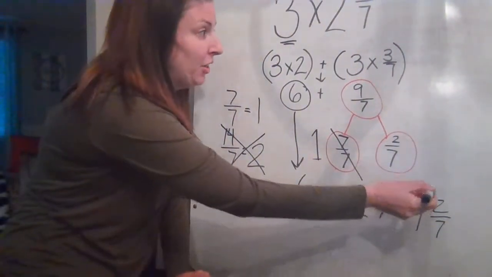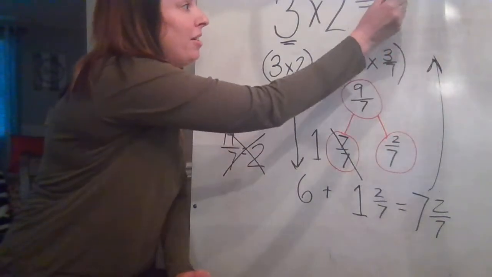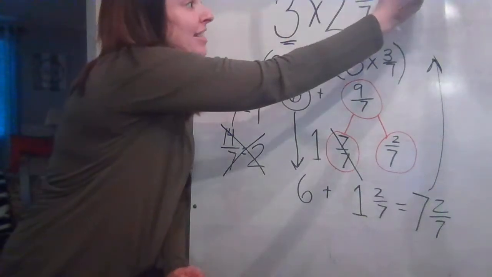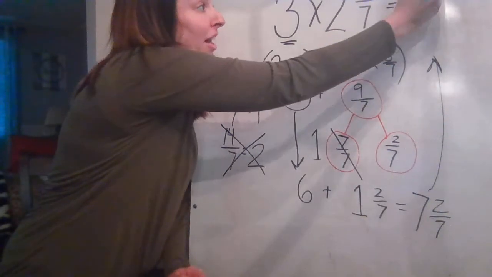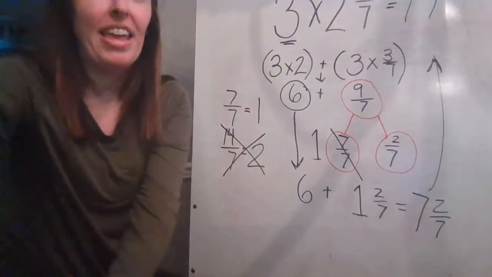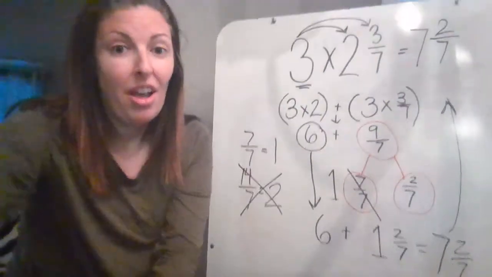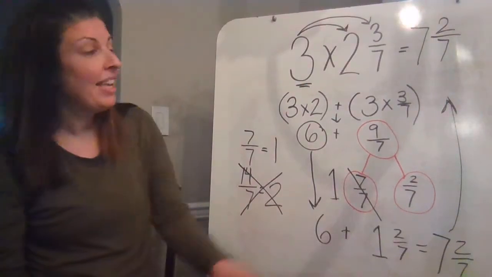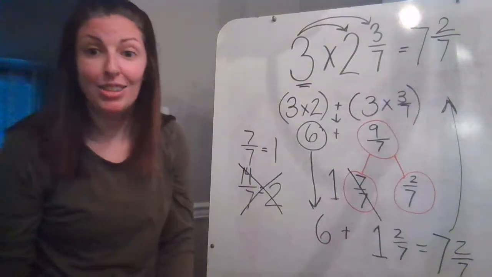So if I bring this all the way back up here to my original equation that I was working on, I see that the product or the answer of 3 times 2 3/7 is 7 2/7.